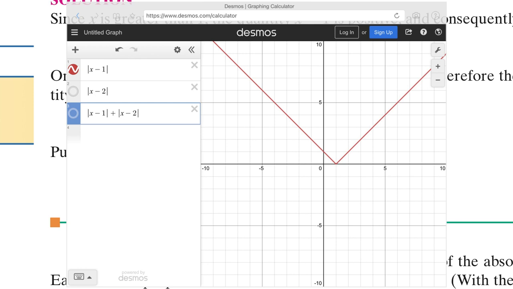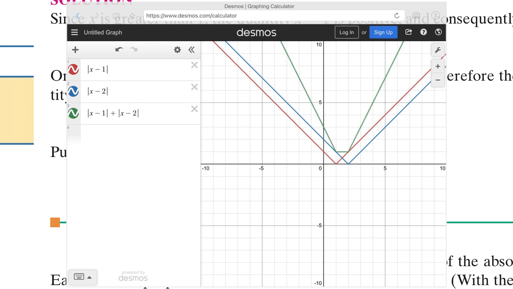Okay, and then we have this other one here, which is the absolute value of x minus 2. But the expression that we are working on is this here. And this is kind of cool. Take a look at this. The sum of both expressions put together is the green graph.